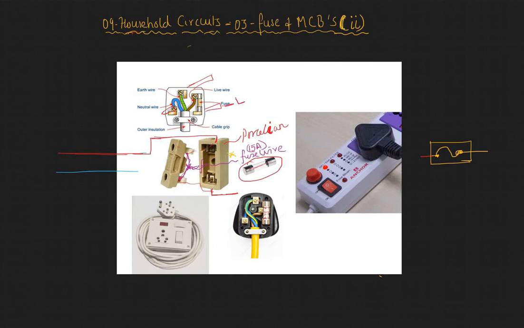As the live comes in, you have a fuse here, and then you supply the live to your equipment. In case you're drawing excess current, this fuse will melt. You also find the same fuse in your power strips, or in your power points. Everywhere you will find the fuse. Here the fuse is here, and in the power board, the fuse is somewhere over there.